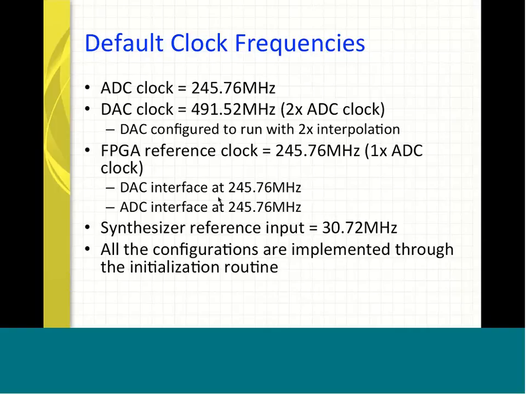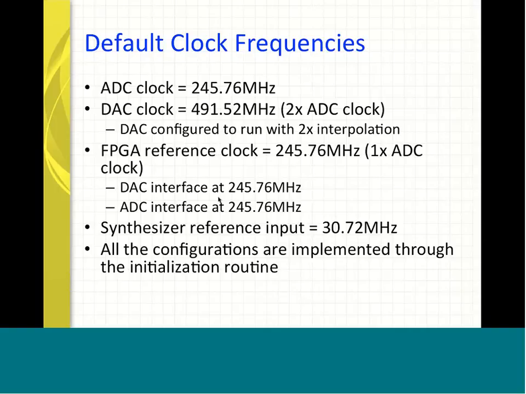That's the exact frequency that we are using on our FMC 111 based miniBEE SDR design. So the ADC clock is 245.76 megahertz, and the DAC clock is 491.52 megahertz, which is twice the ADC clock.